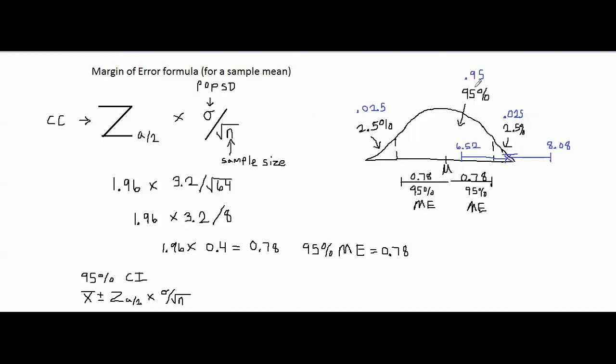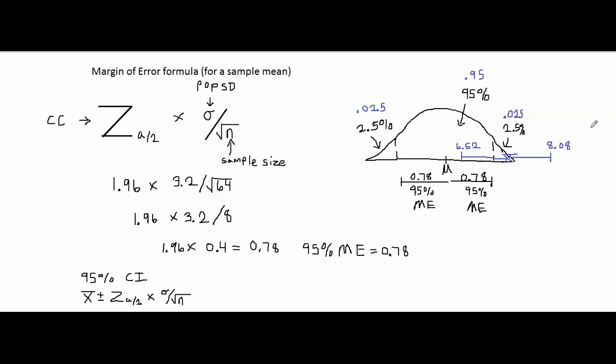So there's basically a 0.95 probability of getting a sample with a sample mean that's close enough to the population mean for the interval to end up actually capturing the population mean.